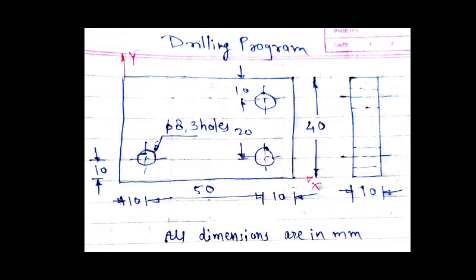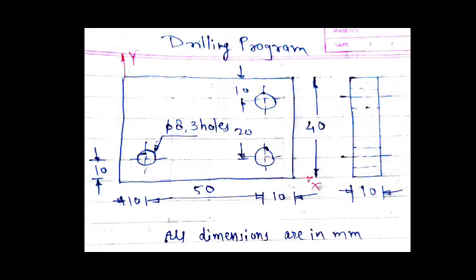Next point is the cost point, after that maintenance cost point, then the program store point, next the flexibility point, and next accuracy, and next is the time required for the execution of the job, and next the running. Okay, so these are the few points, the differences between the NC machine and CNC machine.